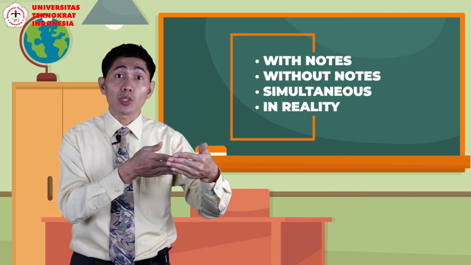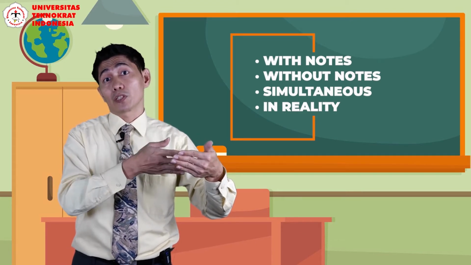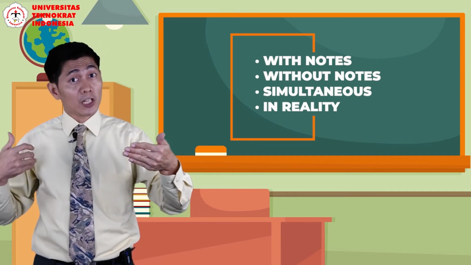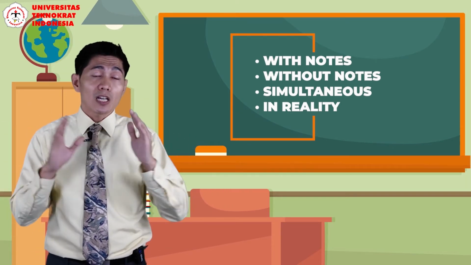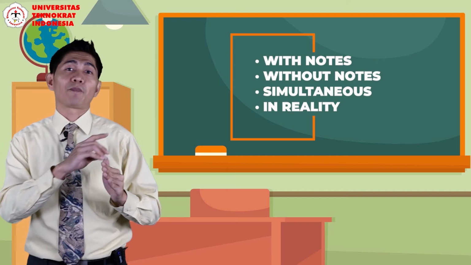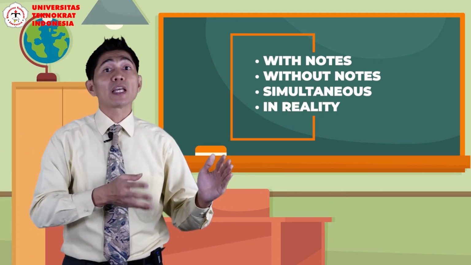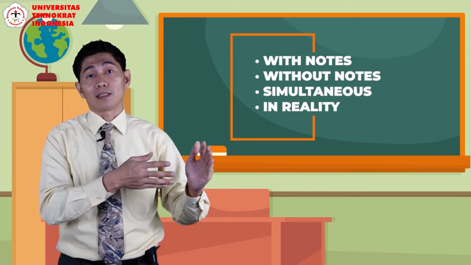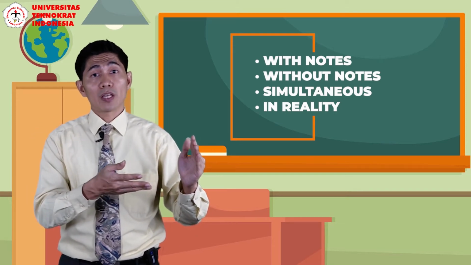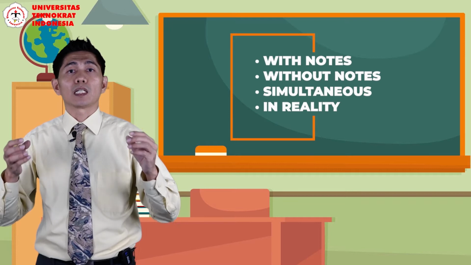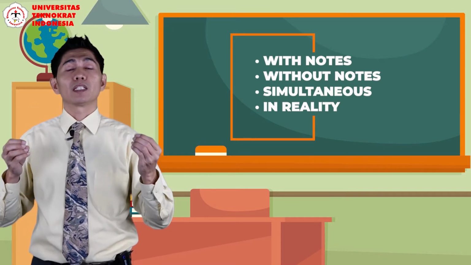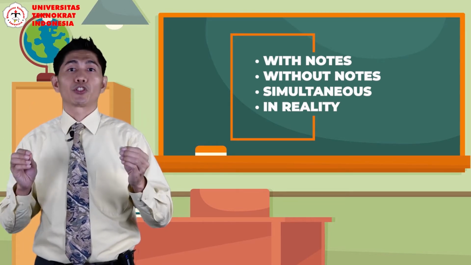Just by looking at the keywords, the interpreter remembers the idea said earlier. After the speaker stops, the interpreter starts translating by relying on the notes and the memory that he has.